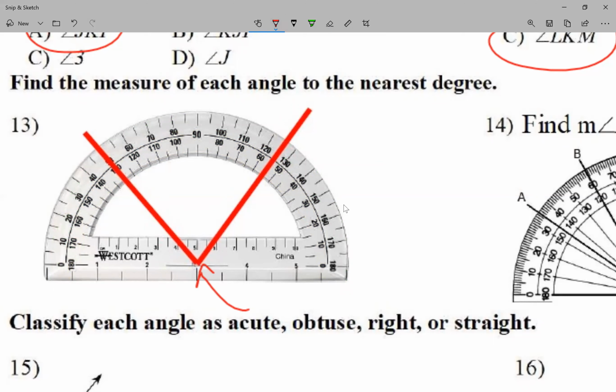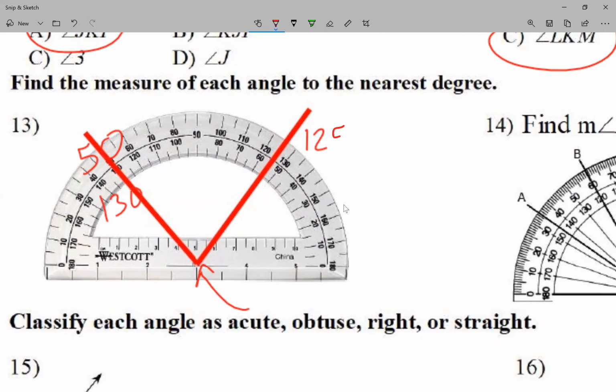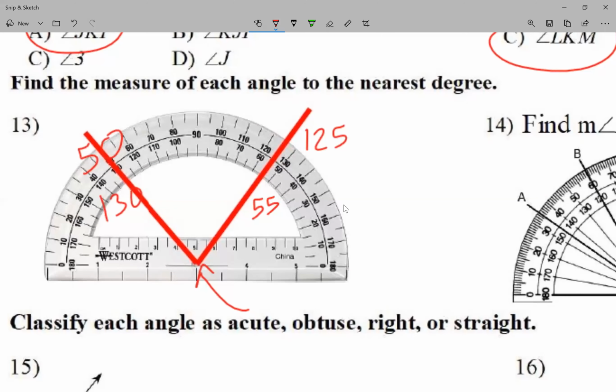I notice that one of my sides, the one on the left, if I use the outside numbers, it crosses at 50. If I'm looking at the inside numbers, it crosses at 130. Now the one on the right, if I'm using the outside number, it crosses at 125. Inside number crosses at 55.